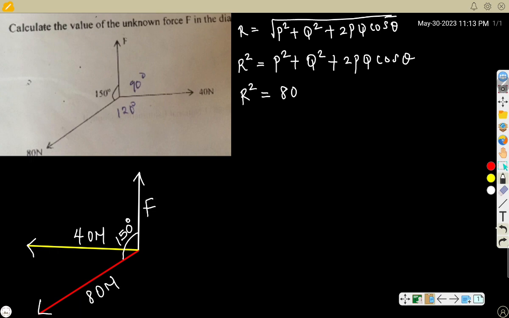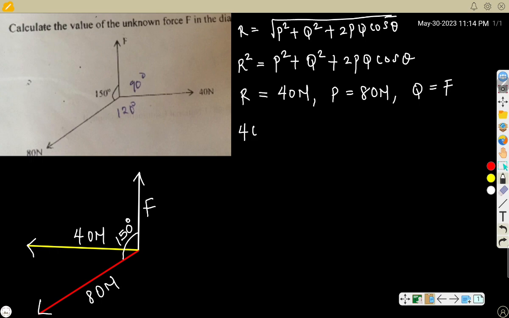So let me list it so you can grab. R is your resultant, which is 40 Newton. I'll take my p as 80 Newton, and my q as F. If you like, take your p as F, q as 80. Now just substitute in the formula.